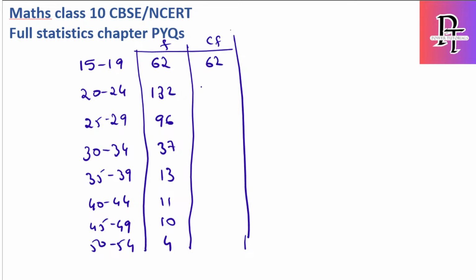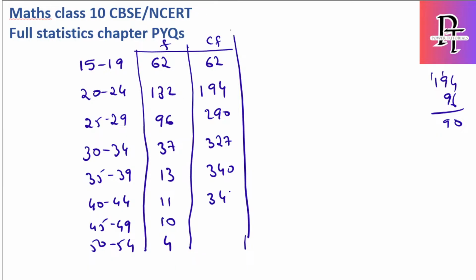First value 62, then 132, 194, 290, 327, 340, 351, 361, 365. So we got the n value as 365.